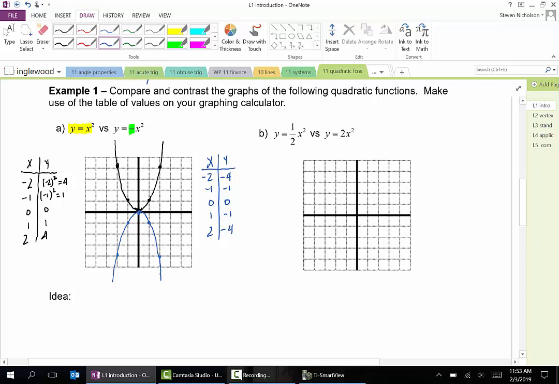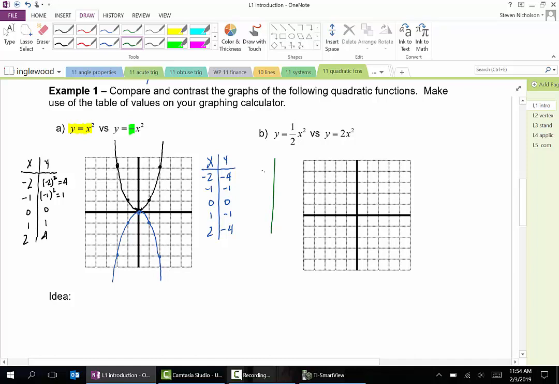So I want you to pause the video, either by hand or with a graphing calculator. Go ahead and plot y equals 1/2 x squared and y equals 2x squared. And what I would recommend is using a different color for each one, because it's going to be really important to see why something happens.